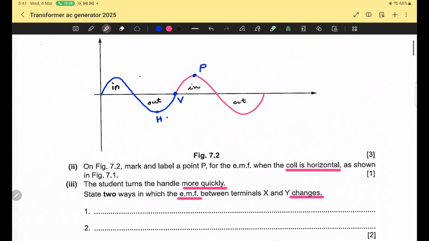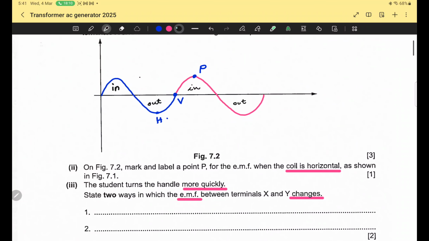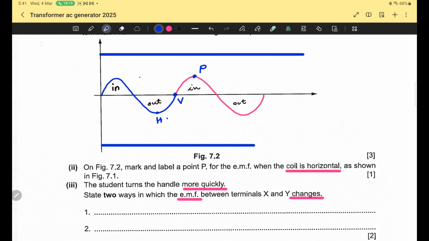In this question, they are not asking to draw, but I am only explaining to you. If the coil is turning at high speed, then voltage will be higher. And higher voltage means I will draw the graph between these two lines.